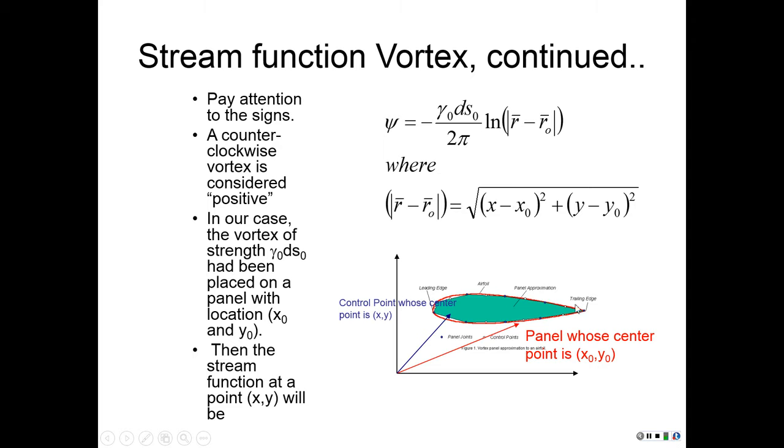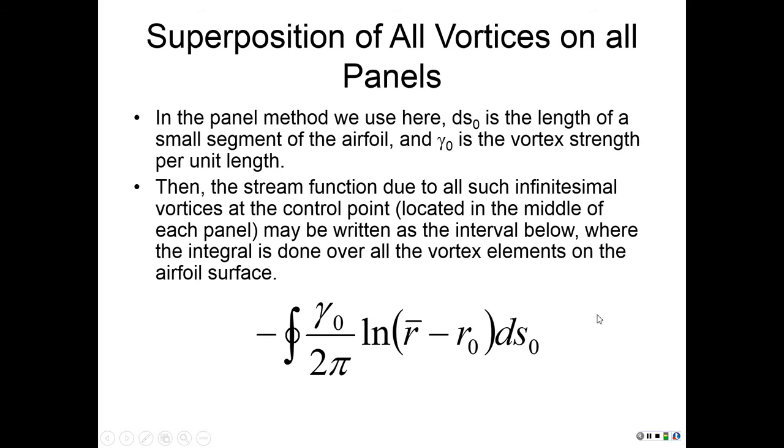If you want all the panels to participate, all you have to do is integrate this: panel 1 plus panel 2 plus panel 3 all the way around. Then you get the stream function at x comma y from all this vorticity that we have placed all over the aerofoil surface. So the stream function at a point x comma y is the integration over all the panels.